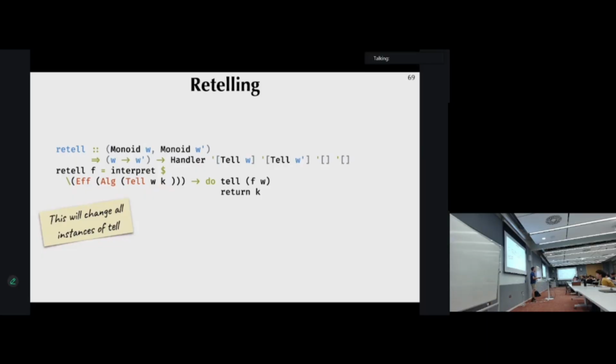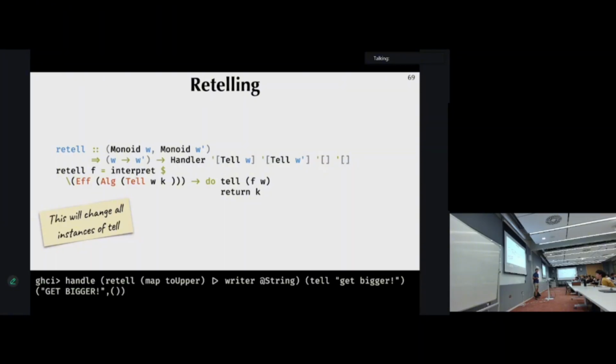Perhaps you want to remove all occurrences of the letter y, whatever, and you can do that. So for example here, if you do retell map toUpper on the writer handler, then getBigger will just modify its output. So the thinking here is you might want to add a cipher to something or all sorts of things.